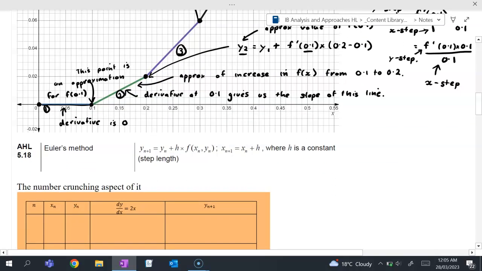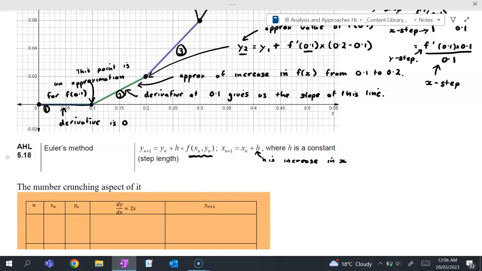And then they've shown it here in a slightly different way. So yn plus h is our step value, and you'll notice that h is the increase in x, because it's how we increase xn to get xn plus 1.